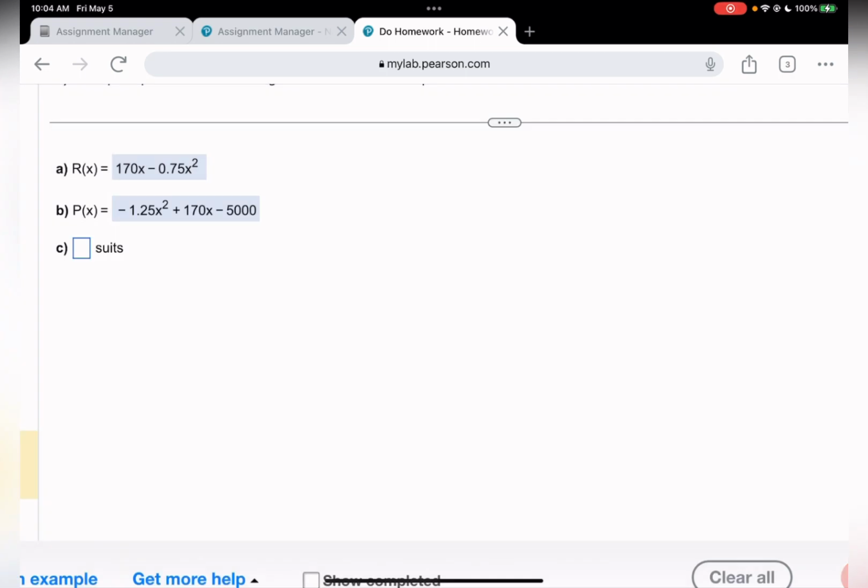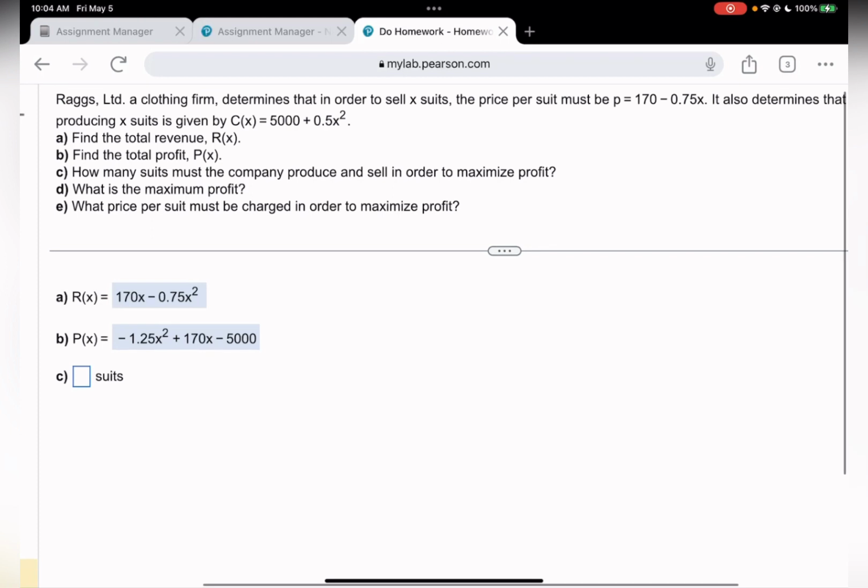Fantastic. Question C. Let's see what is asking question C. How many suits must the company produce and sell in order to maximize profit?